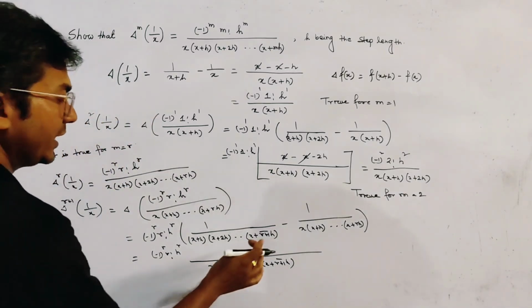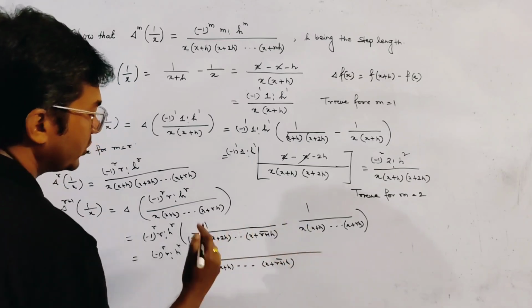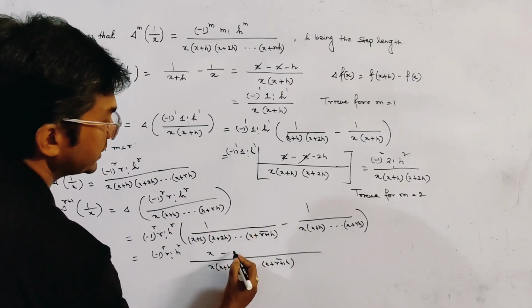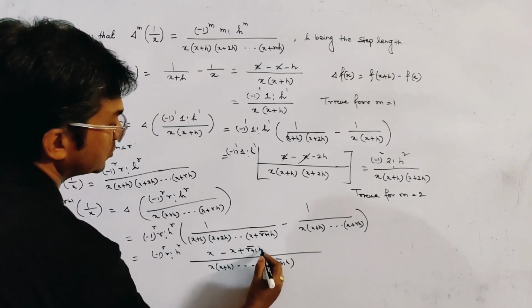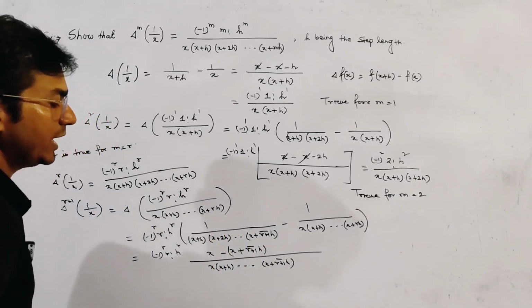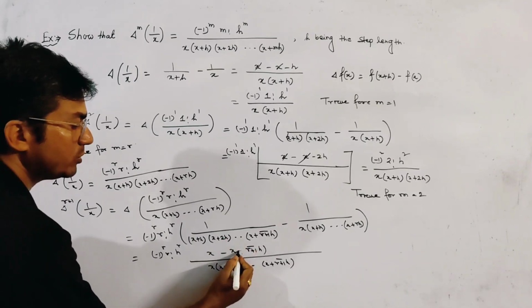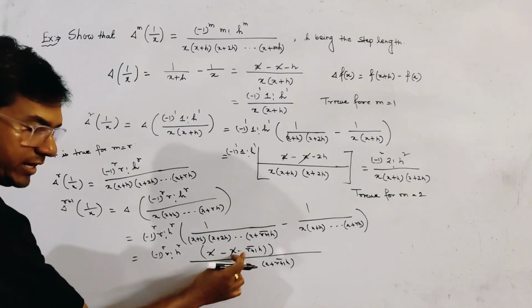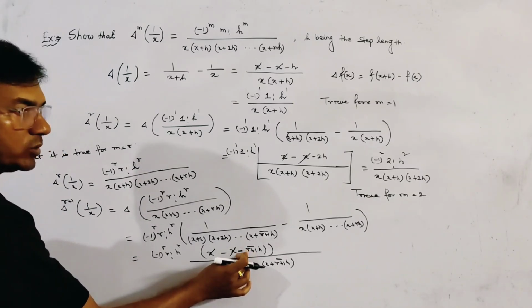The numerator is x from here, and x plus r plus 1 into h from here. Opening the bracket, this is minus and this is also minus, so x cancels out, and we get from here minus 1 extra and r plus 1 extra.